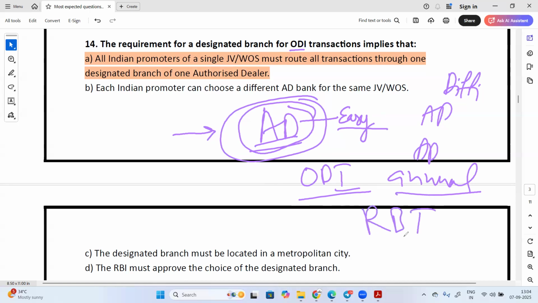So this is how you will do the reporting. If it is a single AD branch, it knows all the related transactions, and it will be easy for them to generate any report required. But if it is with multiple ADs, it will be very difficult, and a lot of loopholes may also be there in the system which the person can take benefit of. So to avoid those things, this rule is available.